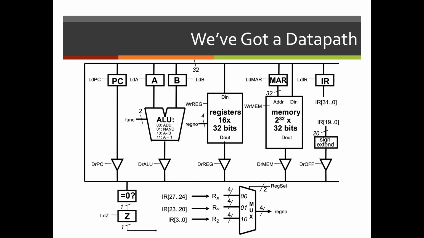And so now that we have an appropriate data path, we'll also need to figure out something else. And so what exactly do we need now that we've constructed our data path? Well, what is contained in our data path? The CPU consists of that data path, but it also will consist of something else that we need.